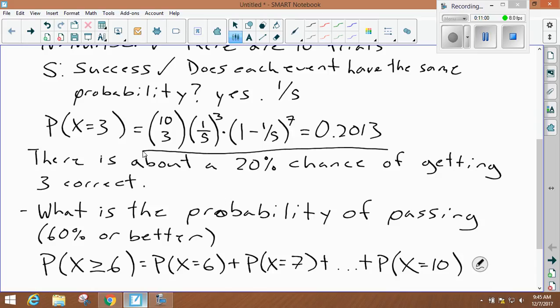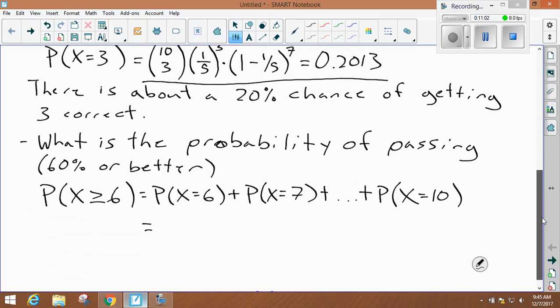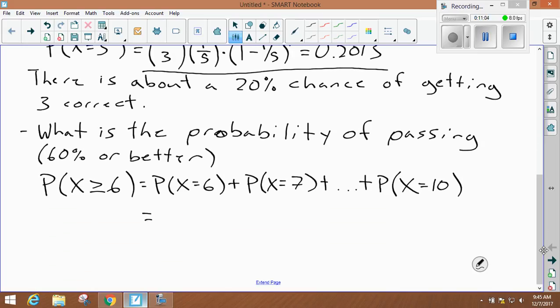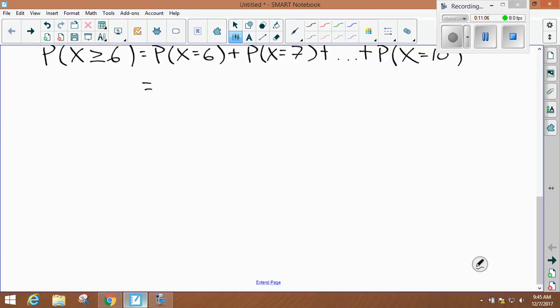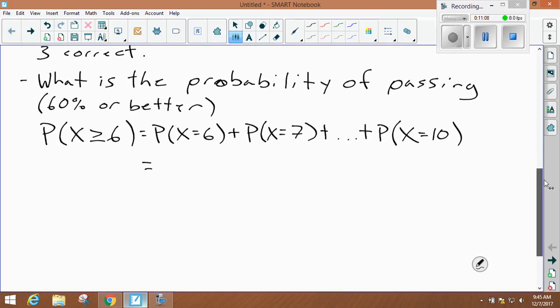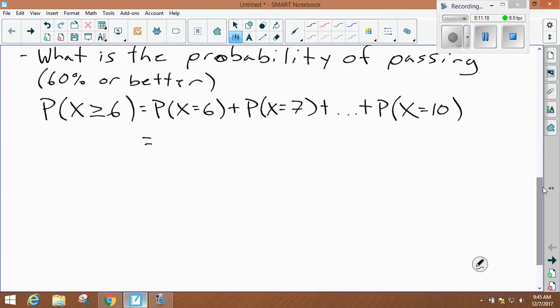So what you can do instead is enter the command that you're putting in your calculator. So you're going to say, hey, I'm using binomCDF, my bad, not PDF. CDF.